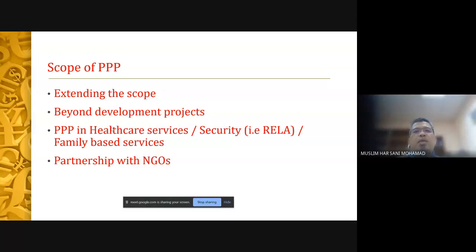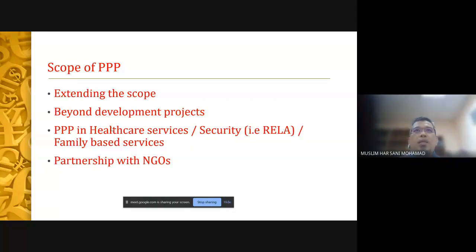I think a very successful partnership was with RELA. Of course, at the end, I think it was absorbed, and somehow the government has more involvement. But if you look at the members of RELA, there was a process to make them more professional.